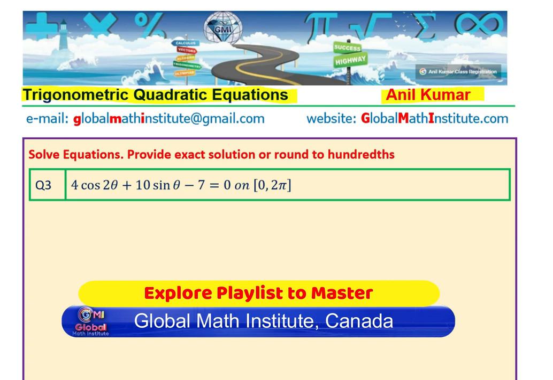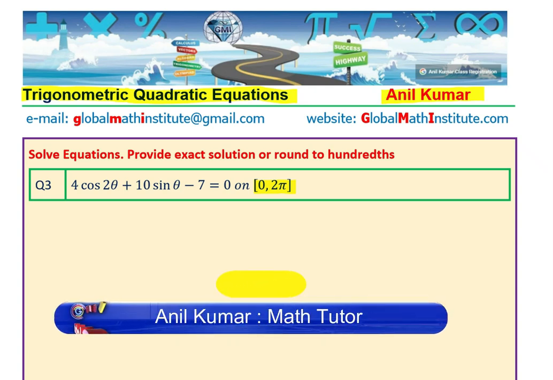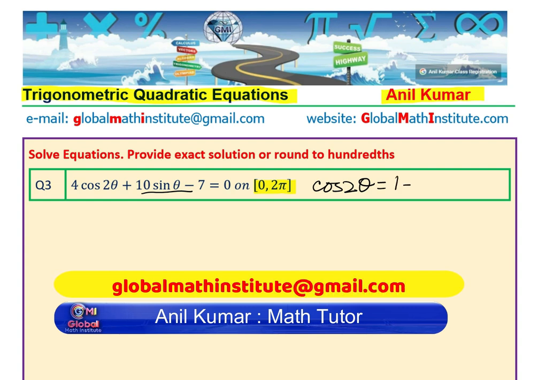We need to solve when theta is between 0 to 2 pi. It doesn't look like a quadratic equation, but soon it will take that form since we know what cos 2 theta is, right? Writing cos 2 theta in terms of sine theta will be 1 minus 2 sine square theta, correct? So that gives you the quadratic form in sine.